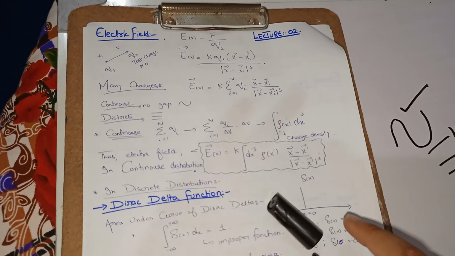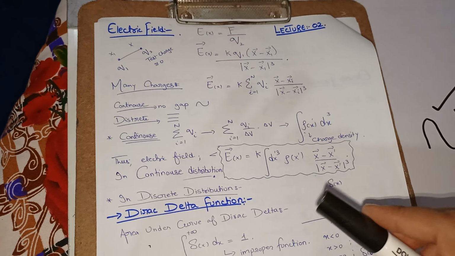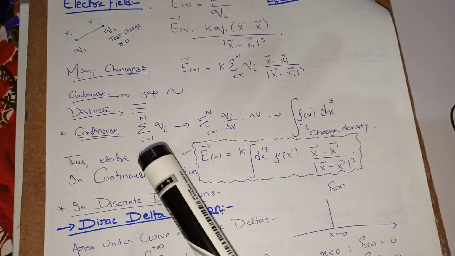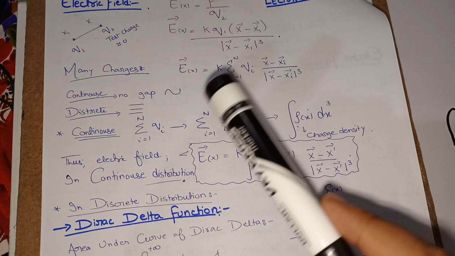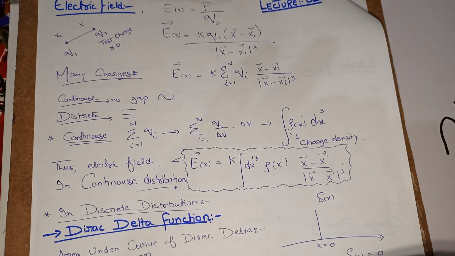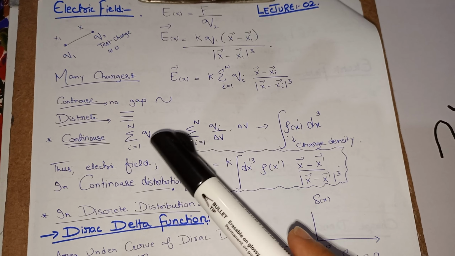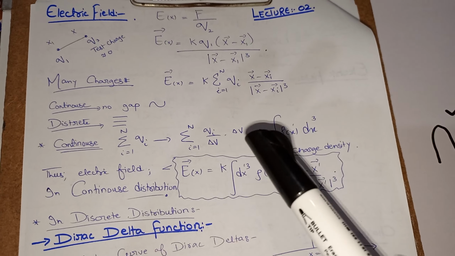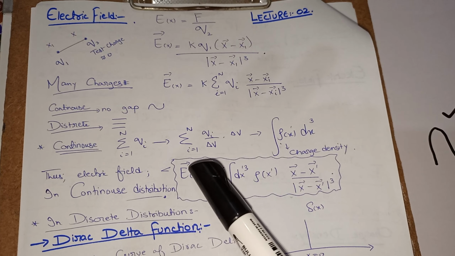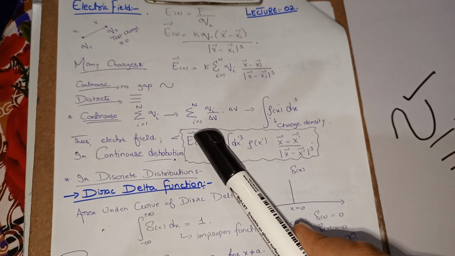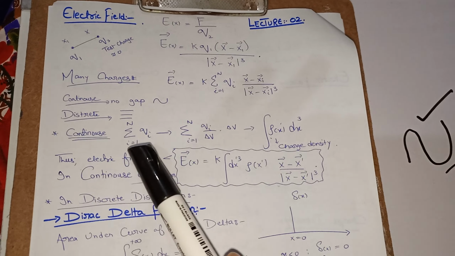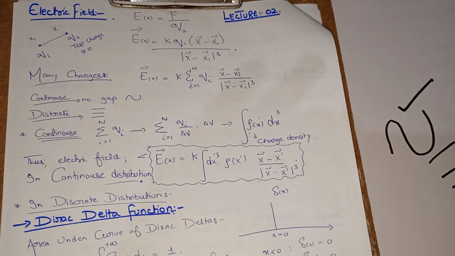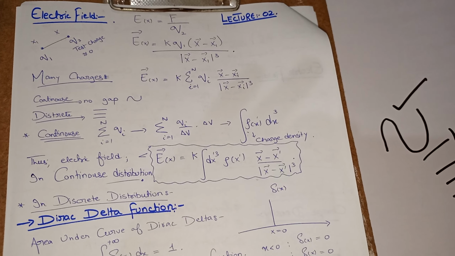This is how the electric field also behaves, continuous and discrete. For the case of discrete, you just have to take the summation of all: if there are n number of charges, you apply summation from i equals 1 to n. In the case of continuous, you have to divide your charge by volume and multiply it by volume.